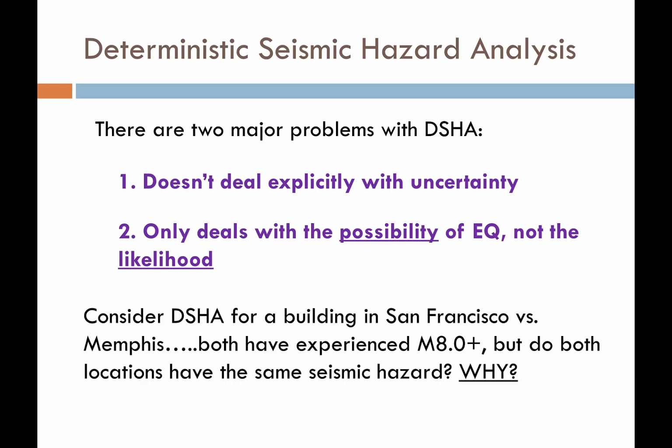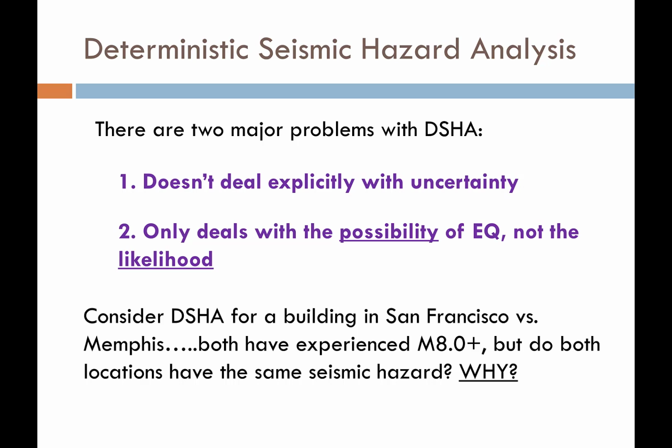So a little thought experiment I like to go through with my students is consider if you're doing a DSHA for a building in San Francisco and the same building in Memphis, Tennessee. And now both these locations have experienced a magnitude 8.0 earthquake or so.